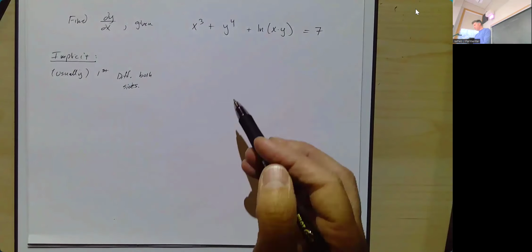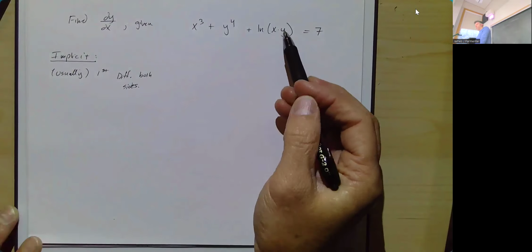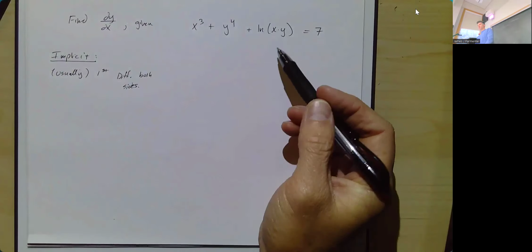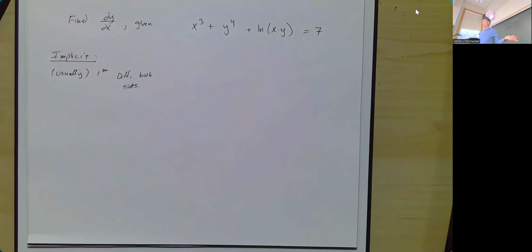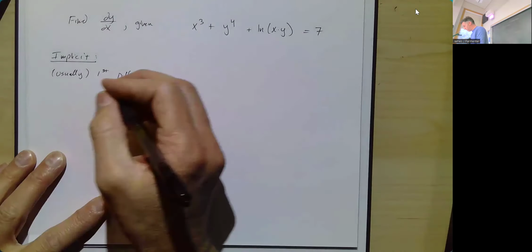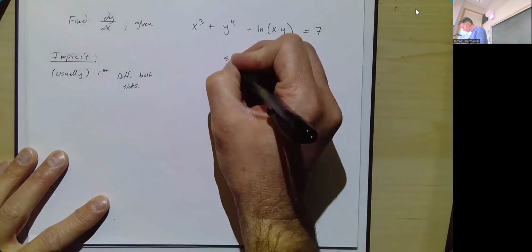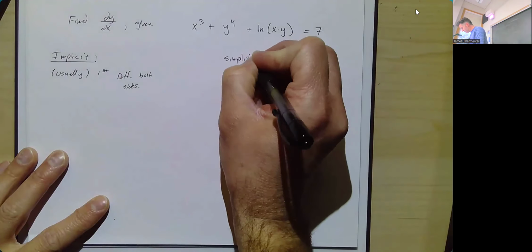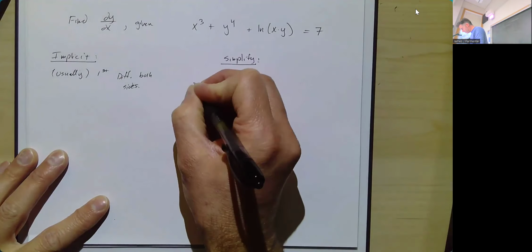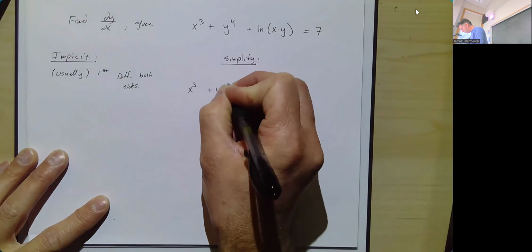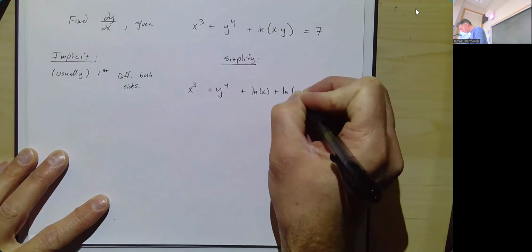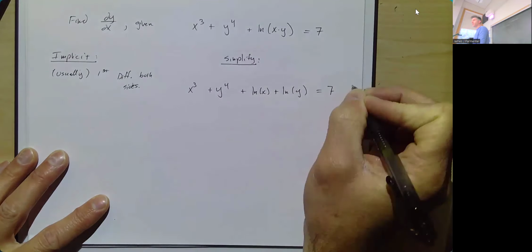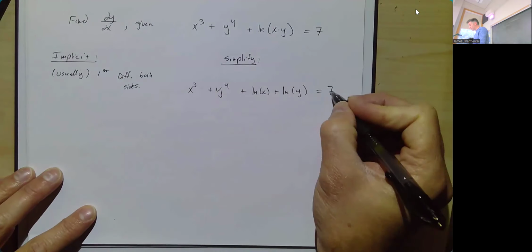I don't want to differentiate the natural log of x times y and get 1 over x times y times the derivative of x times y, which is going to be a product rule thing I don't want to worry about. So first I'm going to simplify. I'm going to rewrite this as x cubed plus y to the fourth plus the natural log of x plus the natural log of y equal to 7, just to make my differentiating a little bit easier.